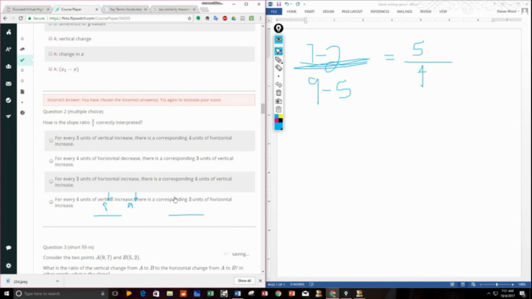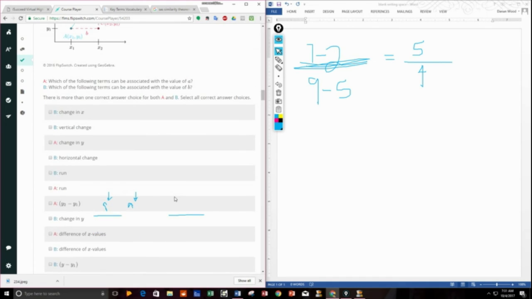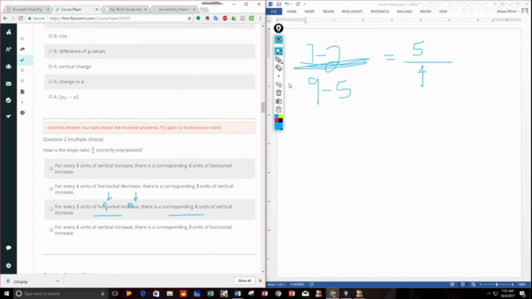And then I'm going to do question 2 again. How is the slope ratio 3 divided by 4 correctly interpreted? Okay, well, slope is our vertical distance compared to our horizontal distance. So since they're both positive, they're both increasing.